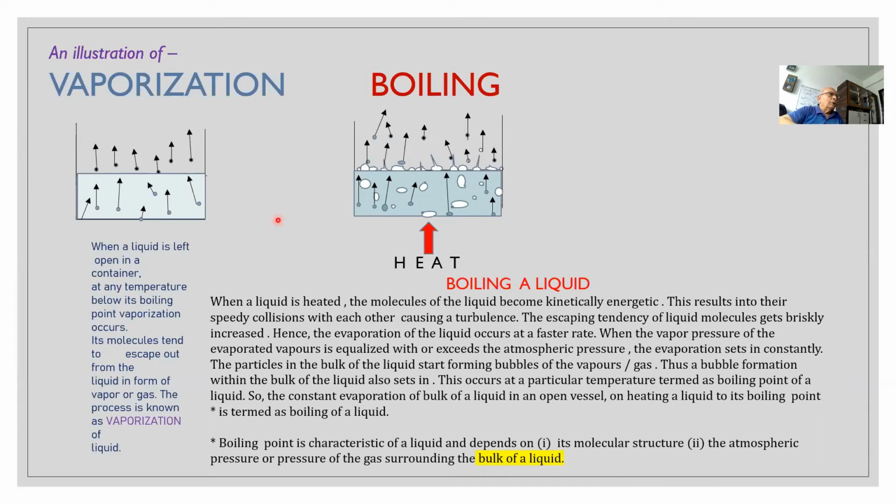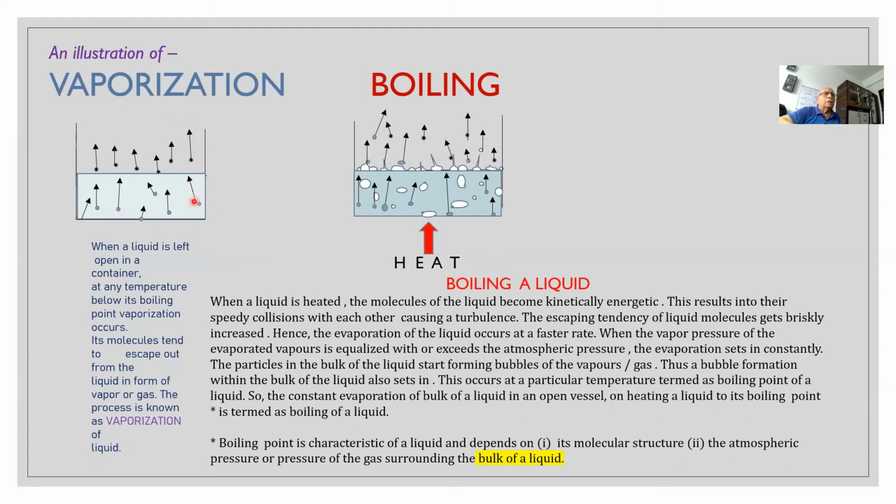Now, whatever I have given you regarding vaporization, you see here, this is an open container. Container is there, but it is open. All this we have discussed. Earlier, the diagram represented a closed container, because there the topic being discussed was vapor pressure, vaporization. It is only an illustration here through diagrams.